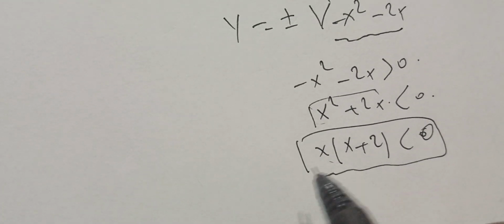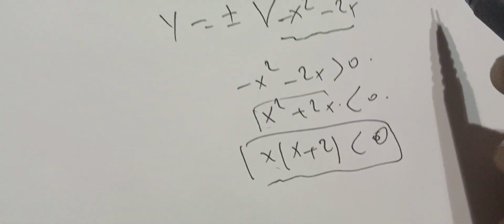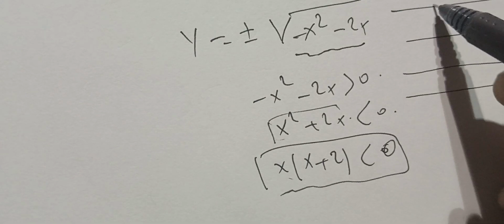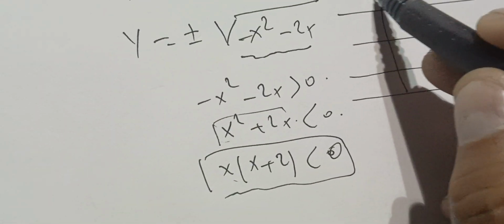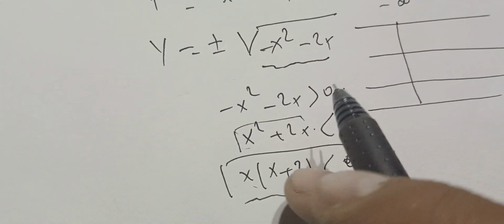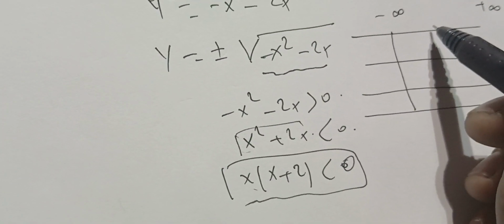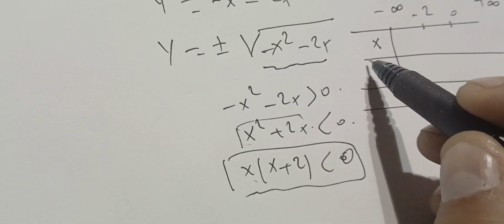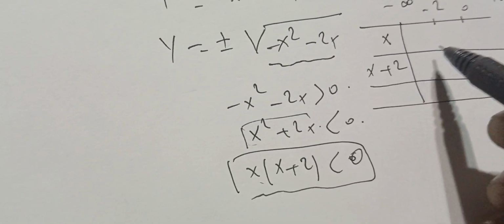So here, to determine the values, we set our axis. The values of x go from minus infinity to plus infinity, and the zeros here are minus 2 and 0. So we have x and x plus 2.